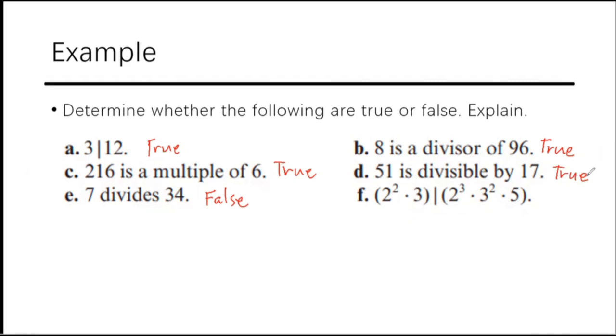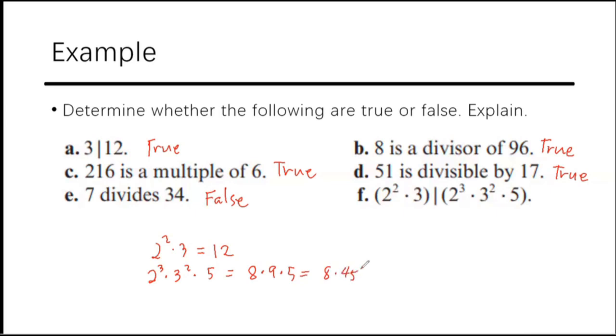Okay, letter F. Lahat ay naka-rewrite as factors or product of primes. Actually itong 2 square times 3 is equal to 12, di ba? At yung 2 cube times 3 square times 5, pwede siyang maging 8 times 9 times 5, and it is 8 times 45.